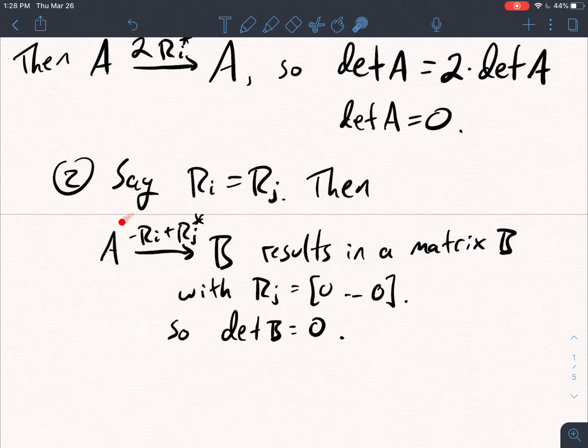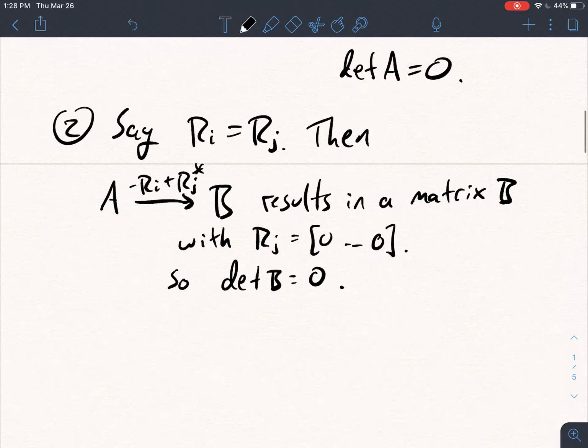And because the row operation that I did here was I added a scalar multiple of one row to a different row, I did not change the determinant at all. And therefore, the determinant of A is equal to the determinant of B, which is 0. And therefore, the determinant of A is 0. So that concludes that part of the proof.